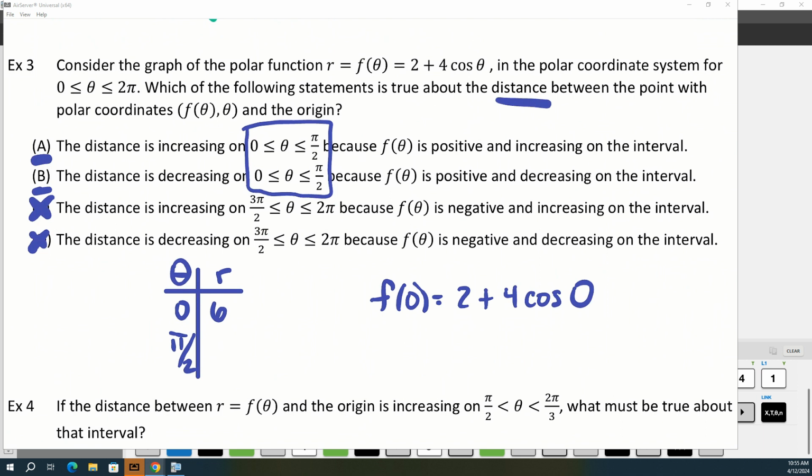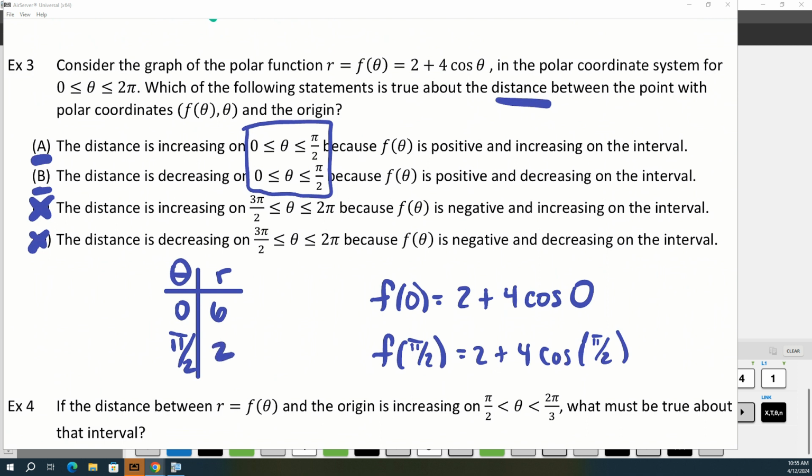And I'm pretty sure this is going to have to be decreasing because the farthest out that you're going to get is when you add these two, which is 6. But let's just go ahead and plug in to make sure we didn't mess something up. All right, cosine of pi over 2 is 0, so that's going to give us 2. So what do you guys think?